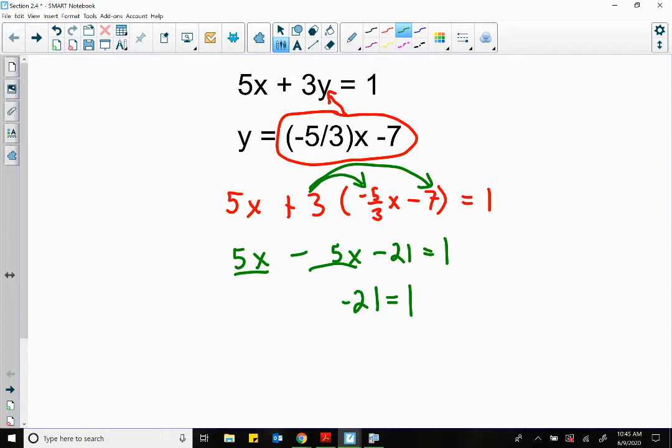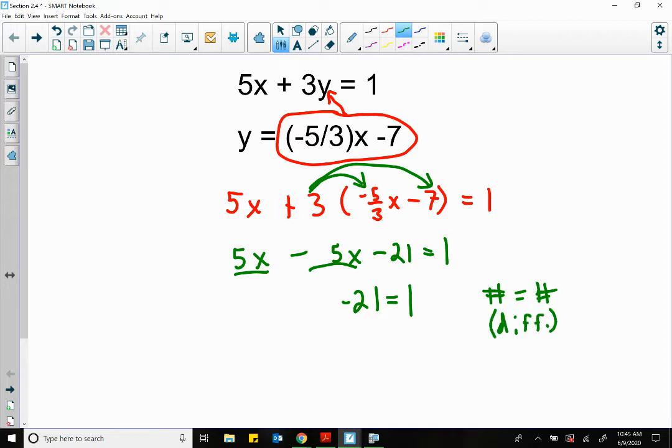Well, we talked about this situation before, back in 2.3. So what happens when we have a number equal to a number and they are not the same? They are different.